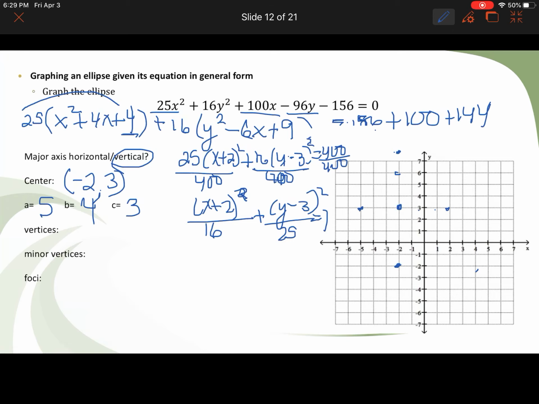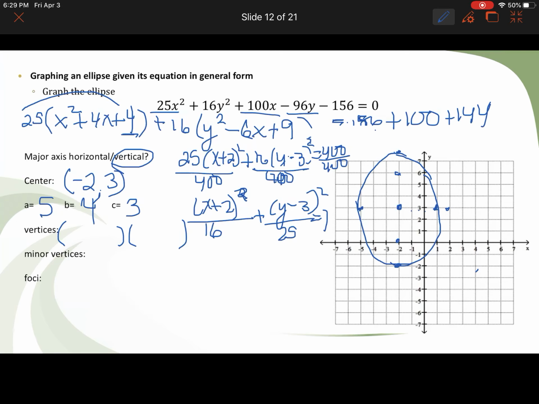And the foci are going to be at 3. Oh, I drew that wrong. All right, so there's our ellipse. Now let's get the actual figures.